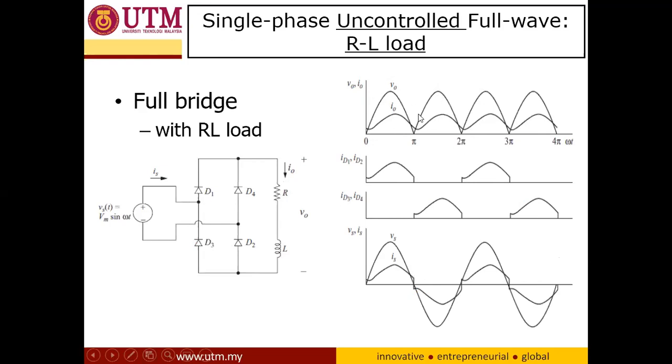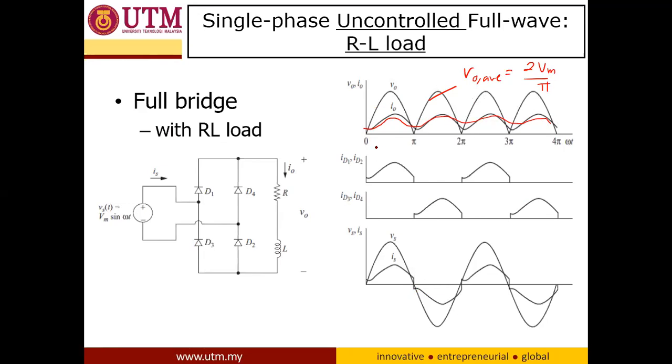The voltage is a perfect rectified sinusoidal, meaning the V out average is similar, and we can use the equation 2 Vm over pi. But the current here is nonlinear, which you need to derive.